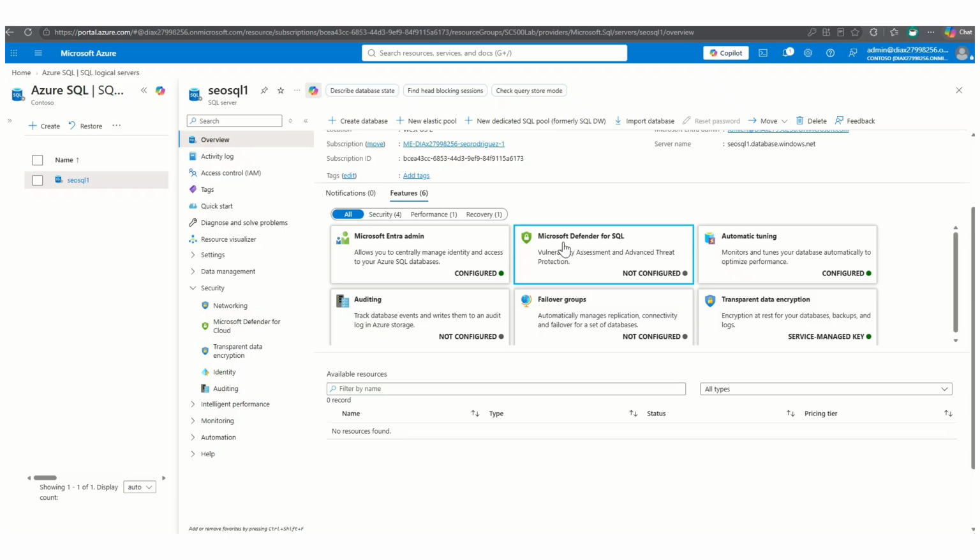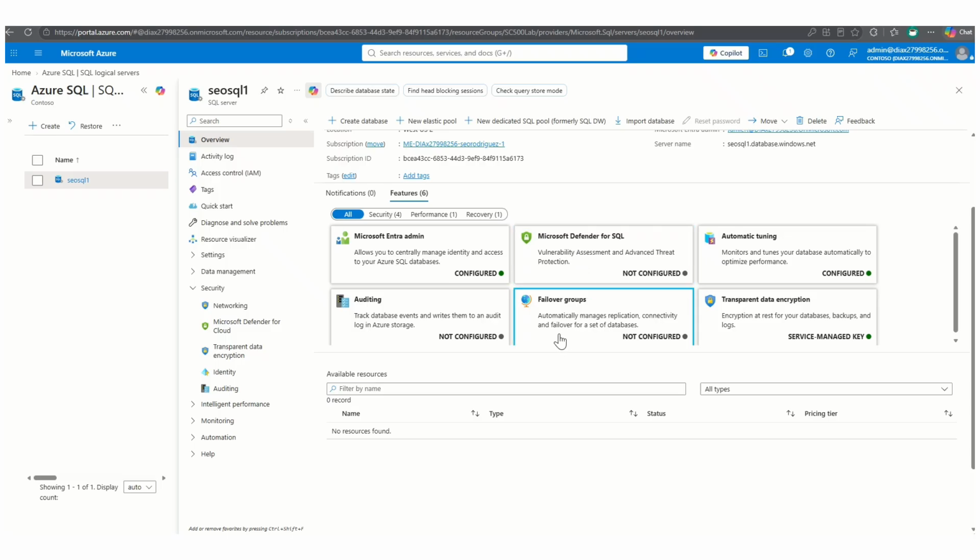You can configure Microsoft Defender for SQL. That's going to be another module. We're not going to be covering that, but that's not configured yet. This will help with vulnerability assessment and advanced threat protection to your SQL service and databases.